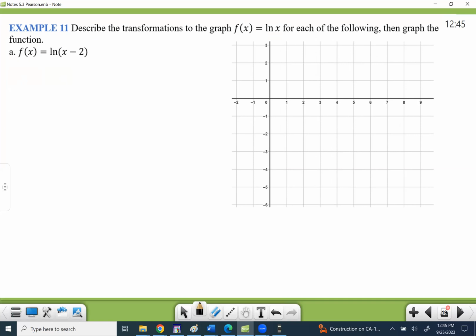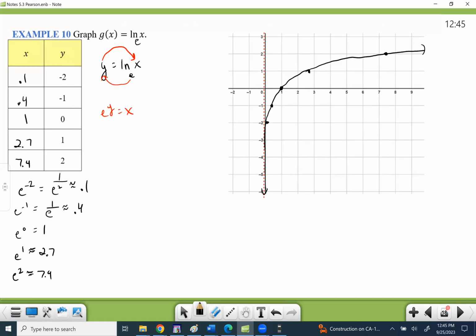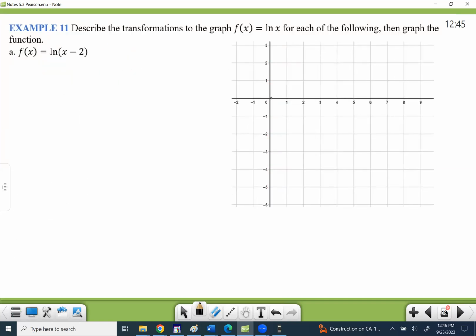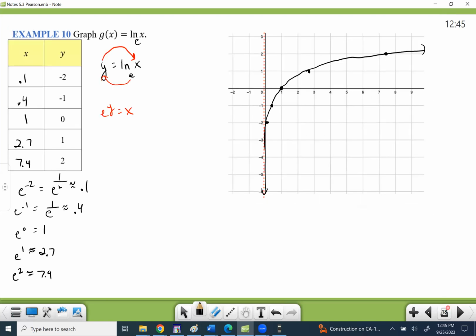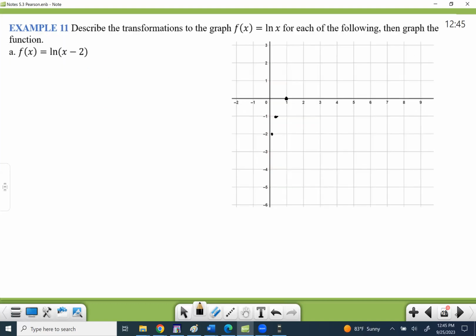So we just graphed natural log of x. It looked like 0.1, -2, 0.4, -1, 1, 0. And I don't remember after that. I have to go back and look. 2.71.